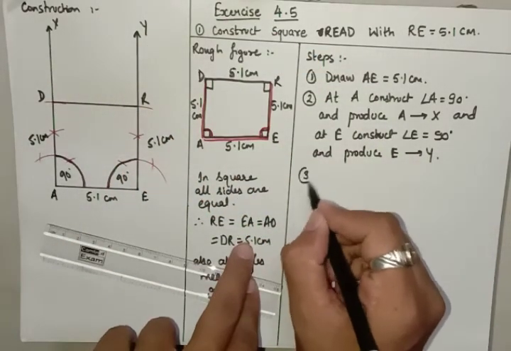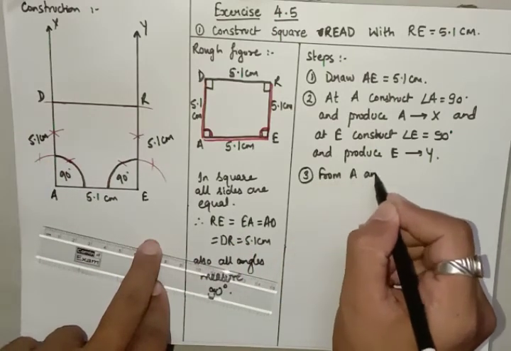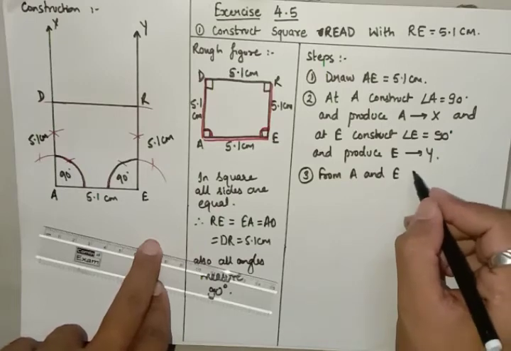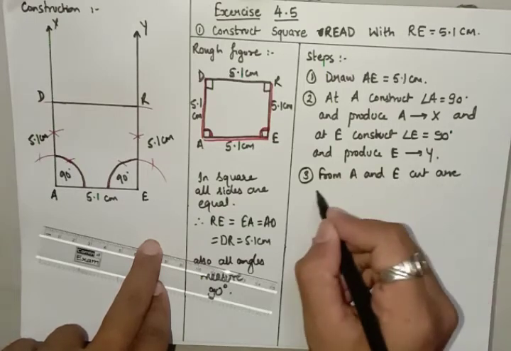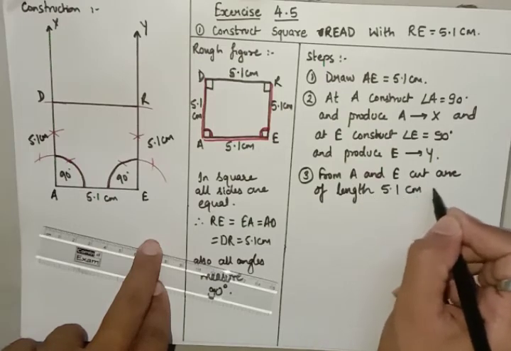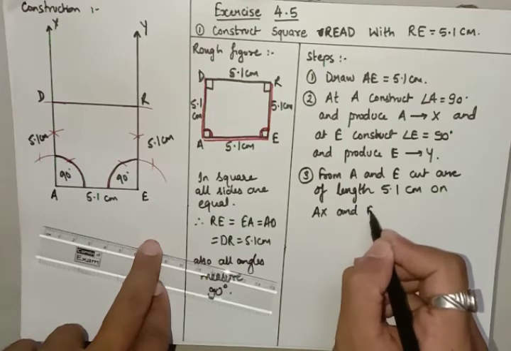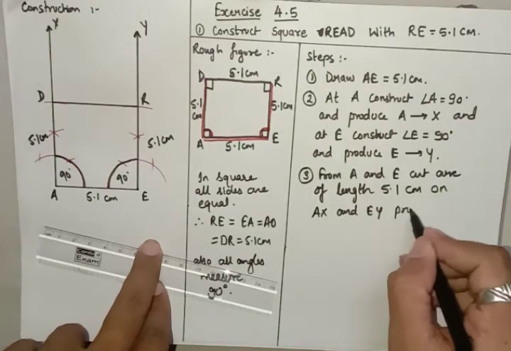So what I am doing here, third point: from A and E cut arcs of length 5.1 centimeter on AX and EY produced.